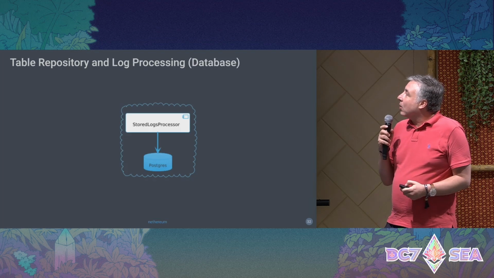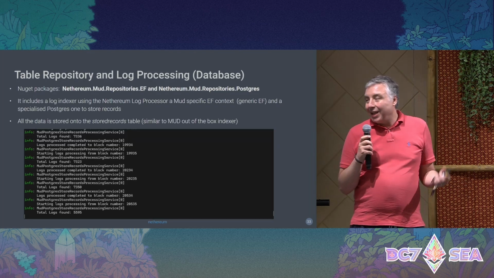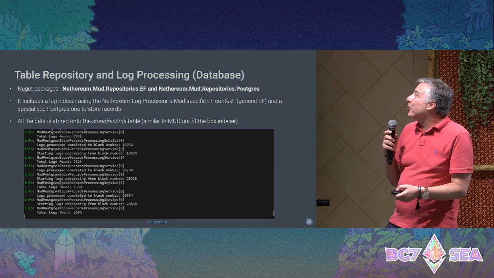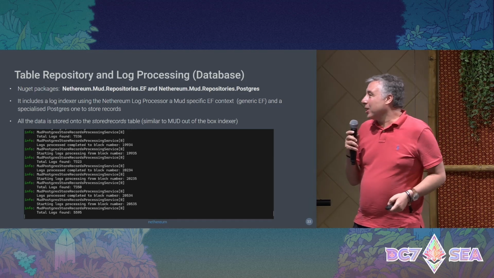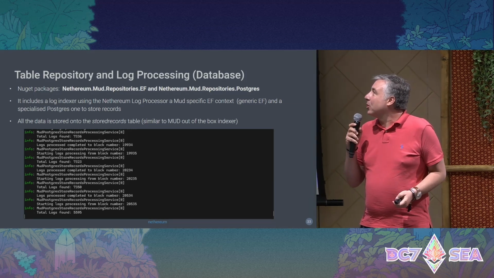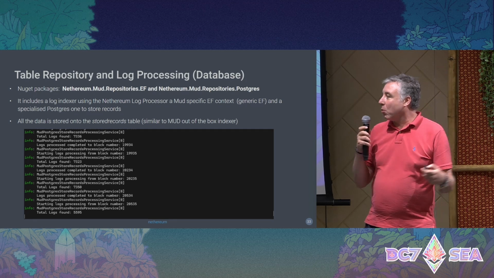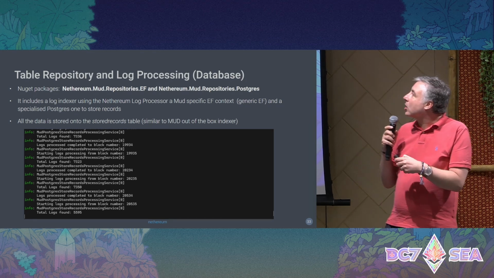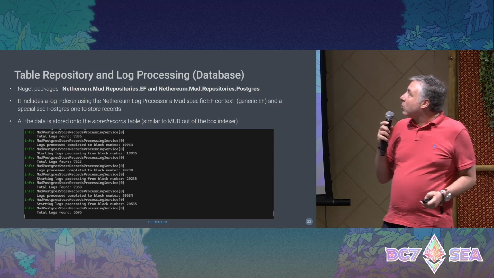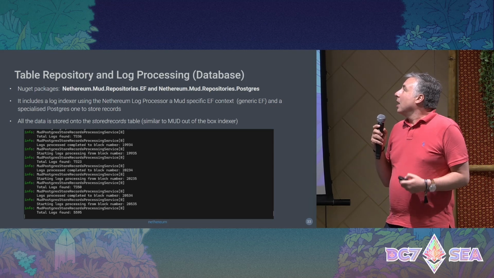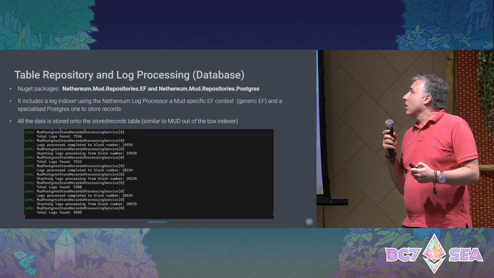Let's have a look at how this will look in the database. Nethereum now also includes the Ethereum MUD repositories EF package. For anybody familiar with .NET, EF is Entity Framework, which mainly provides a common provider for many databases, so you can store the data there, and a specialized version for Postgres, as it has a different way to store the data, since Postgres allows you to store bytes.